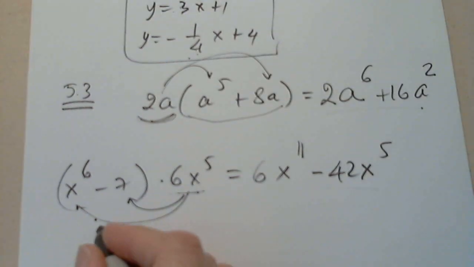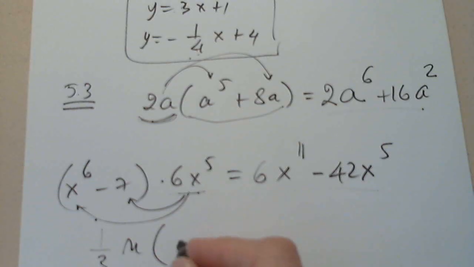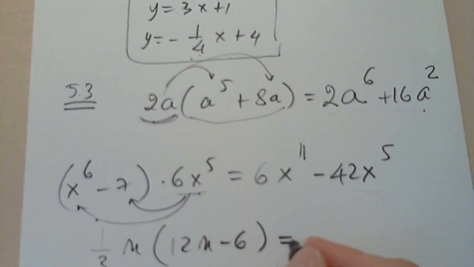Another example, 1/3 n multiplied by 12n minus 6. Can anyone give us a hand with this example?